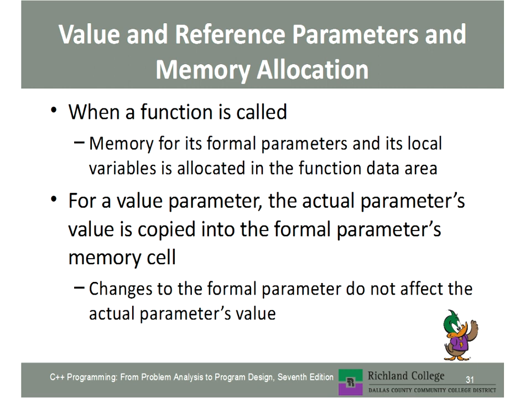So when a function is called, memory of its formal parameters and its local variables is allocated in the function data area. For a value parameter, the actual parameter's value is copied into the formal parameter's memory cell, and changes to the formal parameter do not affect the actual parameter's value.